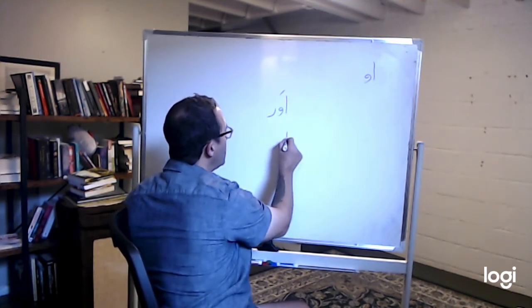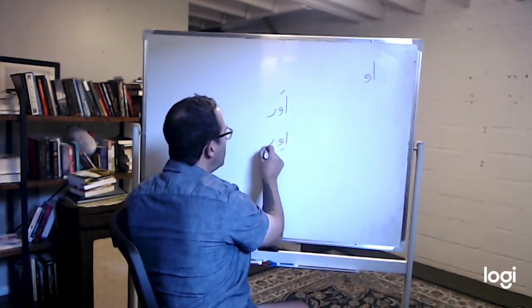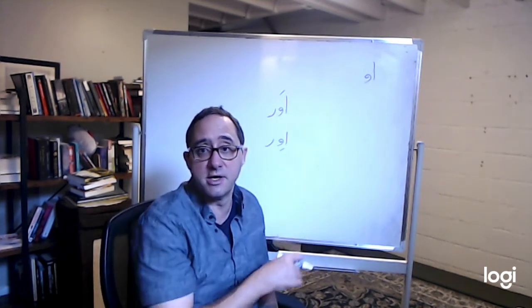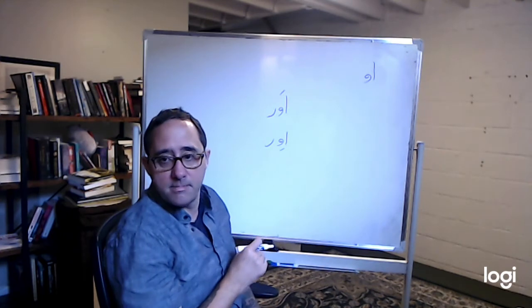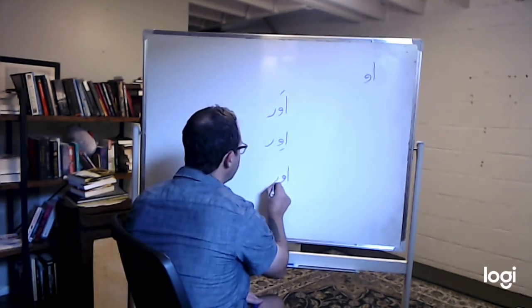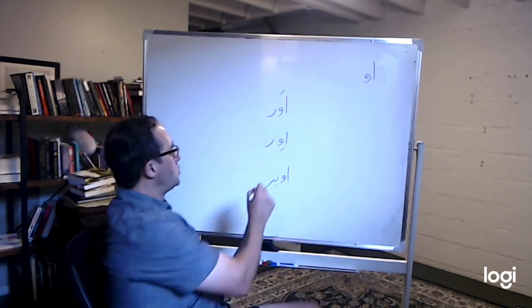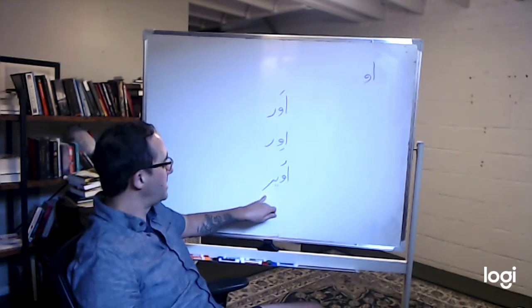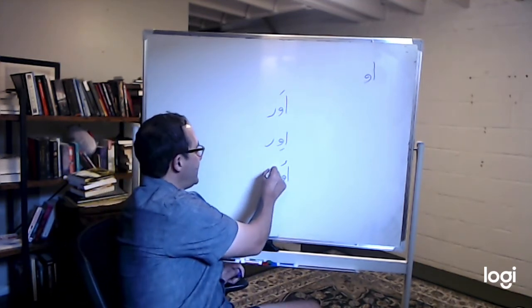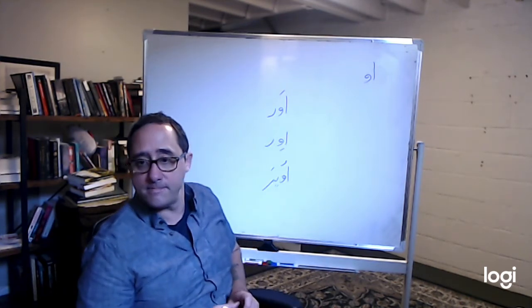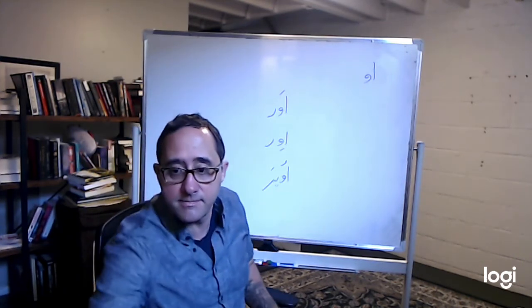But or with an O means in the direction of, towards. Upar. This is u. I can indicate that at the top. U, pa, ra. And notice there's an alef in the middle of that. Upar, upar. Yeah, that's the initial. Okay.